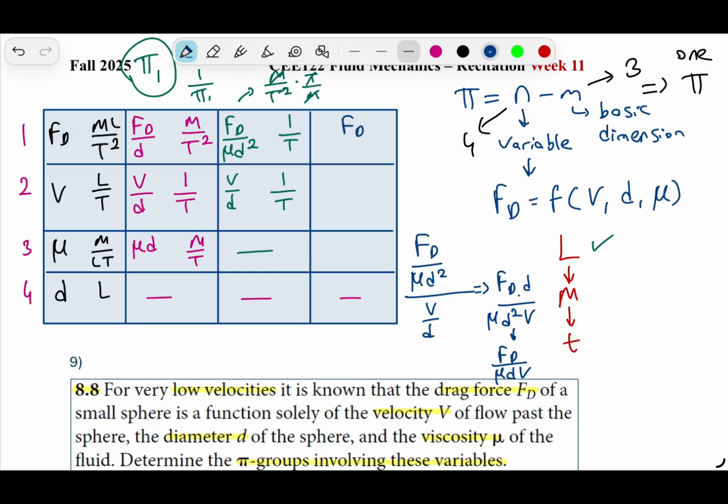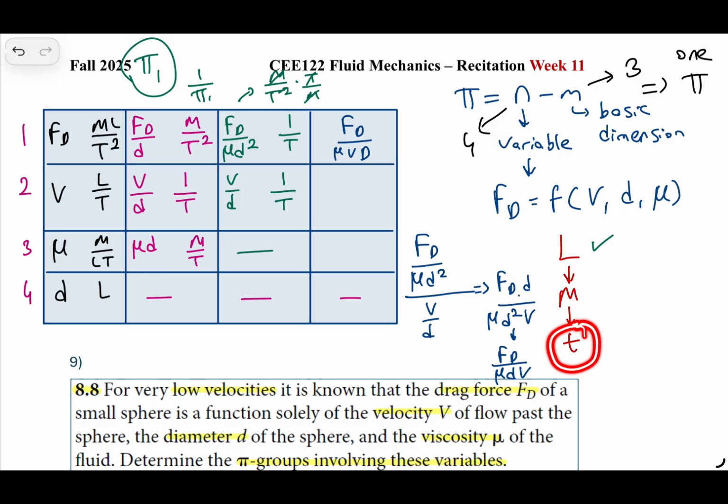So this is the pi group from these calculations. So doing that, we actually applied also the last step, which is eliminating t. So let me put marks here.